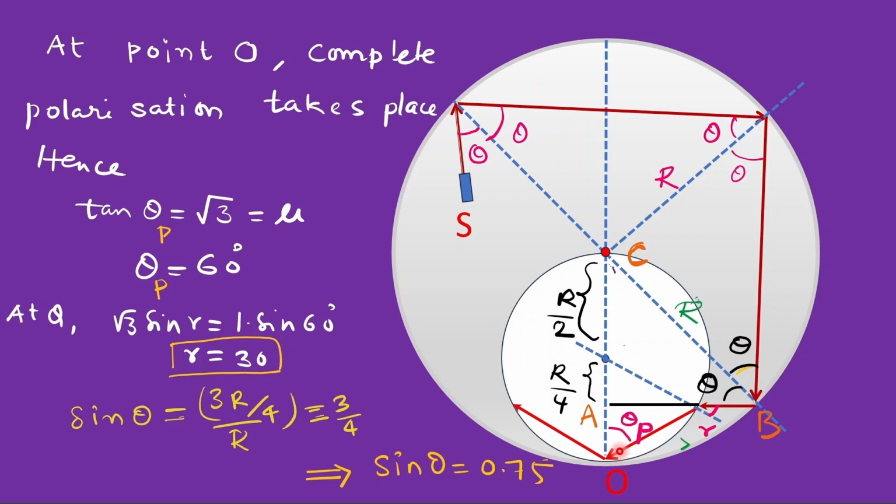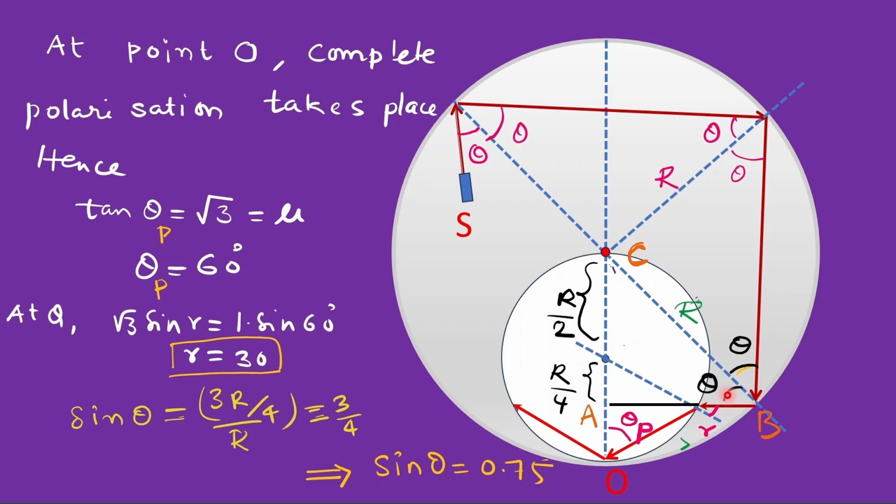There is a polarization at the point O. By using Brewster's law we can find theta p, the polarizing angle. Tan theta p is equal to root 3. Root 3 is nothing but the refractive index of the glass sphere. From here we can find theta p is equal to 60 degrees.